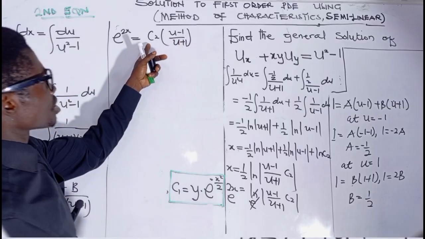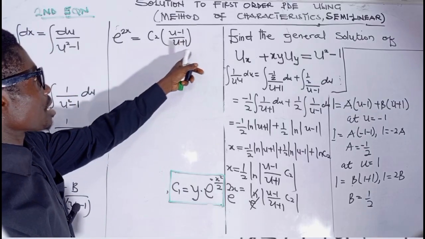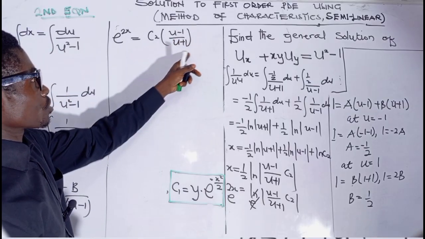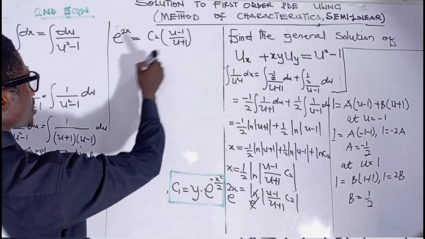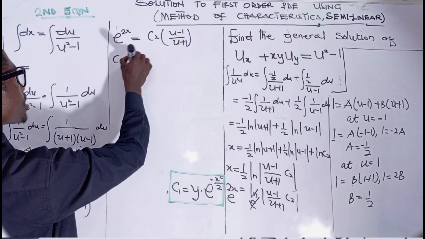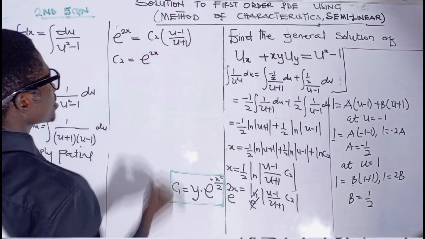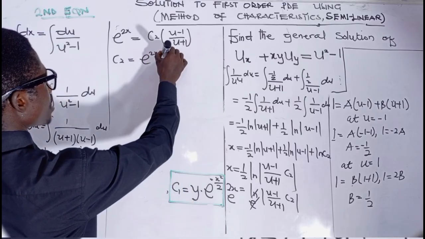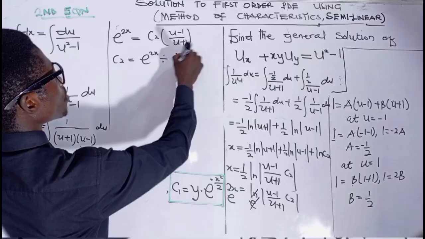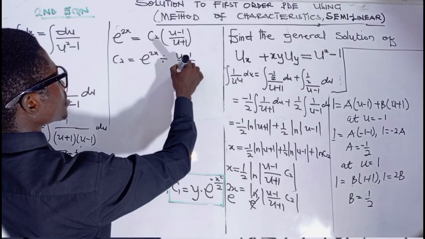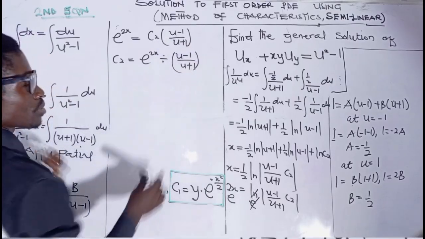Our interest is to make c2 the subject. So we can divide both sides by u minus 1 over u plus 1, so that this will cancel this, and you'll be left with c2 is equal to e exponent 2x divided by u minus 1 over u plus 1. I believe you understand what I did here.